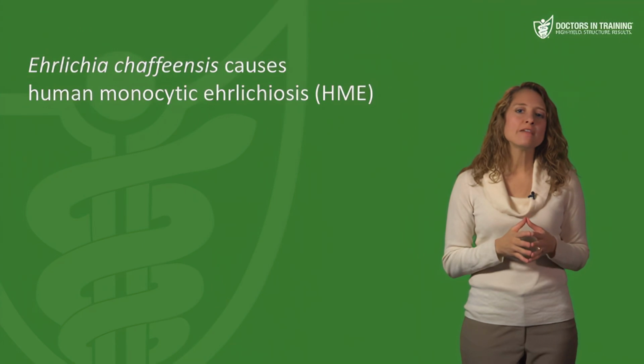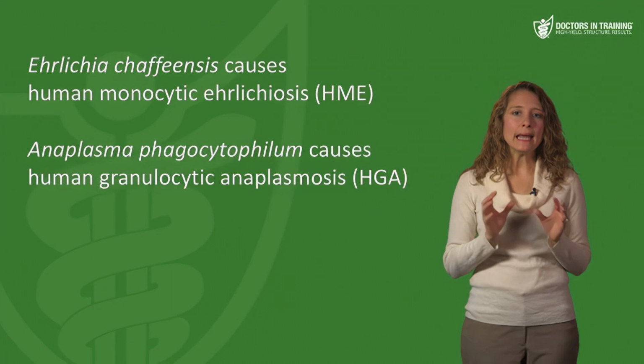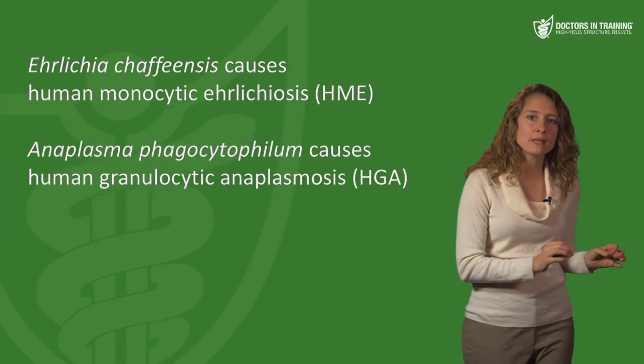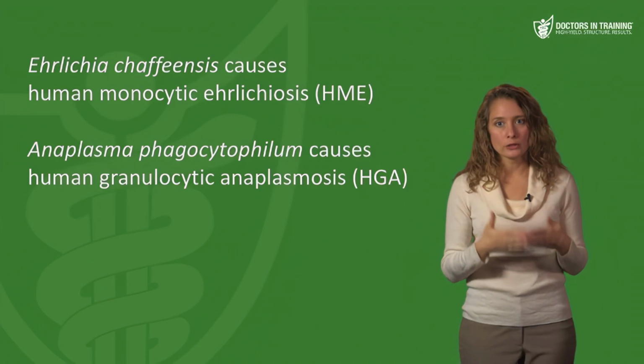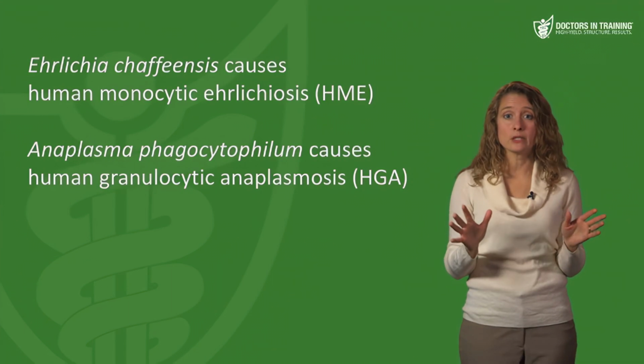Okay, now on to our next poorly staining bacterium, and that's Ehrlichia. Now, Ehrlichia chaffeensis causes human monocytic ehrlichiosis, or HME, and Anaplasma phagocytophilum causes human granulocytic anaplasmosis, or HGA. Now, just a few years ago, these were both called Ehrlichia because they're very similar organisms with usually indistinguishable clinical syndromes.